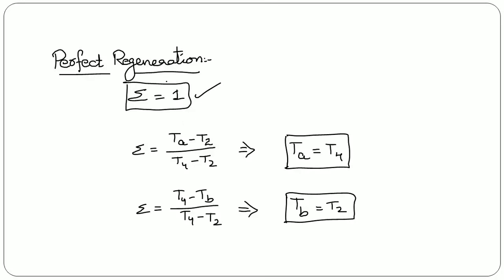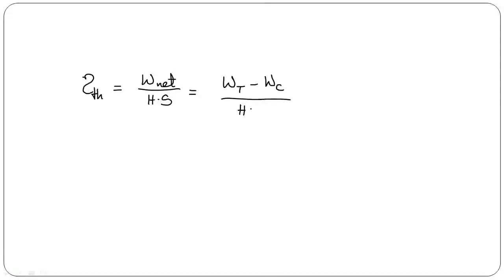Now, when we considered perfect regeneration condition, then the thermal efficiency is net work done by heat supplied. Net work done is turbine work minus compressor work by heat supplied.